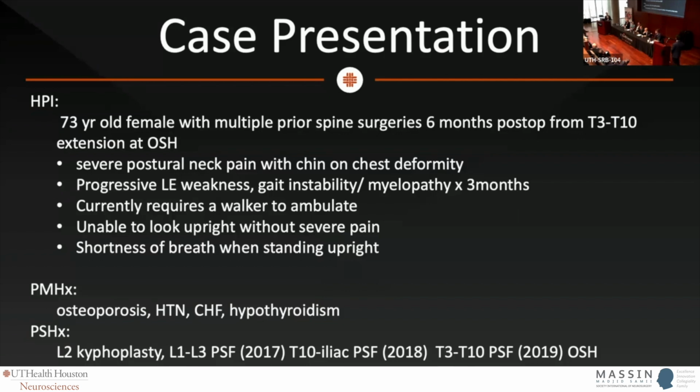She's unable to look upright without severe pain and walks with a bent backward posture, also developing shortness of breath when she stands upright. She has a history of osteoporosis. The prior surgeries, where the pathology actually started with a thoracolumbar fracture, with subsequent junctional collapse, were a short segment fusion, then a long segment fusion, and then an extension of the upper thoracic spine 6 months prior.